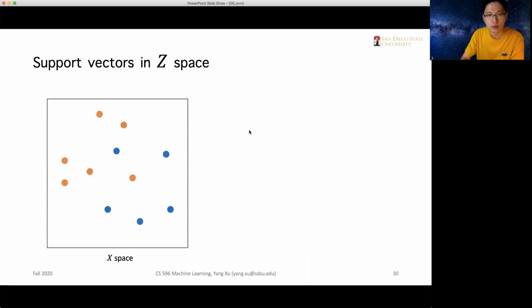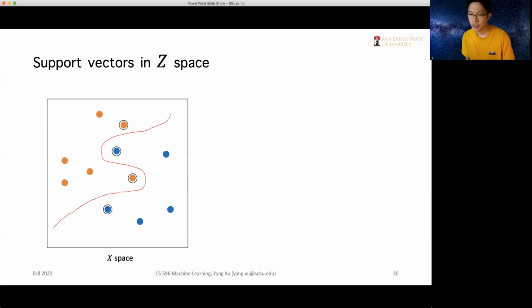So for example, the x space looks like this, and actually the support vectors are found in the z space, not in x space, because after we find the linear boundary in z and transform it back to x, it's not necessarily a linear form. It's usually a nonlinear boundary.